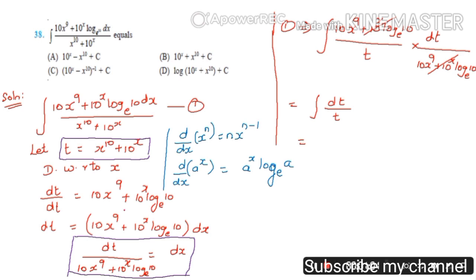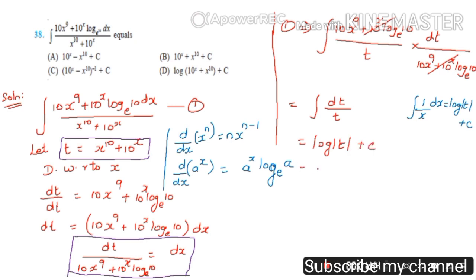Now the value of integral 1 by t is nothing but log t. Let me write the formula. The formula for integral of 1 by x is log mod x. So in the place of x I am having t. So we get log mod t plus c.